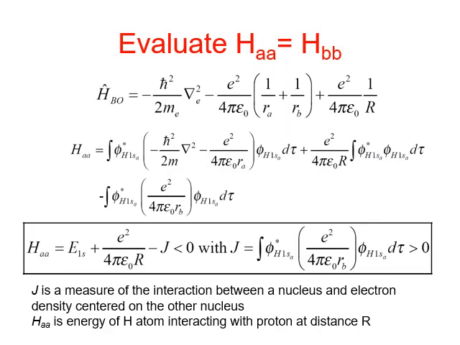This shows the HAA. In order to calculate HAA, you need the energy of the s orbital plus the calculation of e squared over 4 pi epsilon r and a J integral, which is this one. So HAA is the energy of a hydrogen atom interacting with a proton at a distance r.